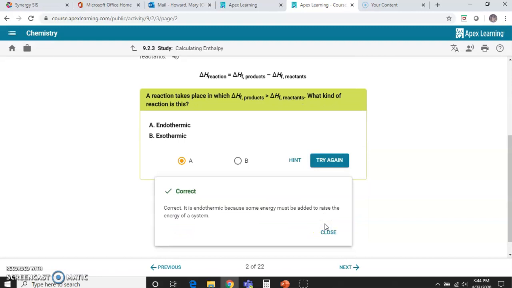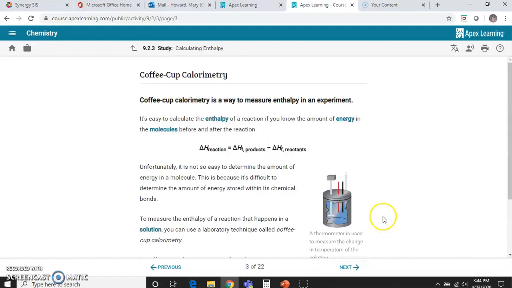Whenever the products are greater than the reactants, it's an endothermic reaction. If the reverse happens, it's going to be a negative number, because the products number is smaller, so it's negative when you subtract. That will be exothermic.